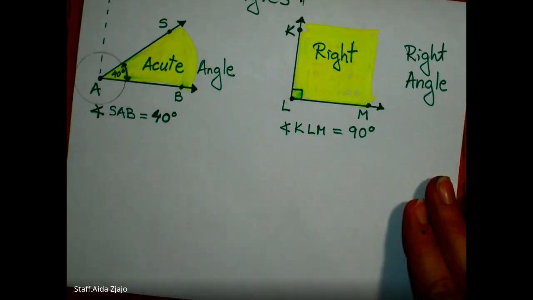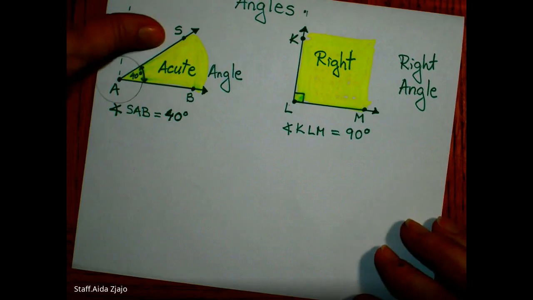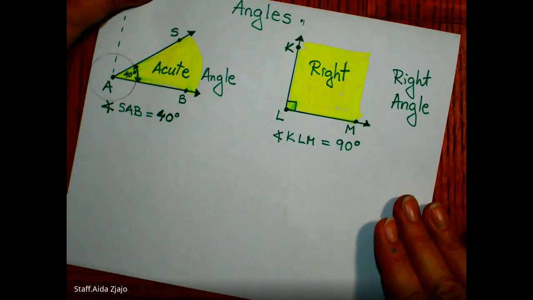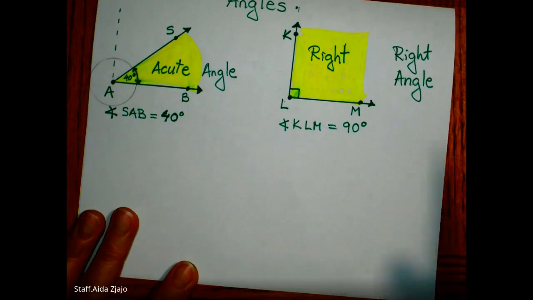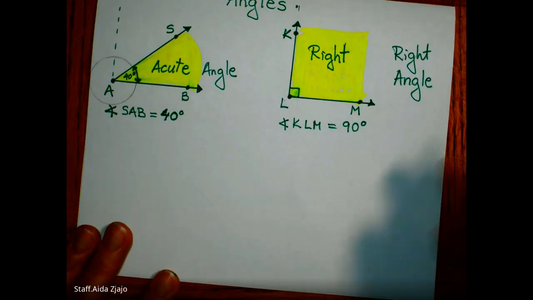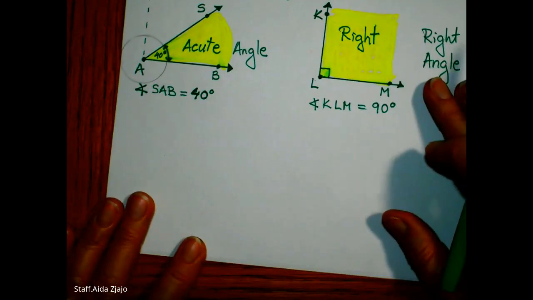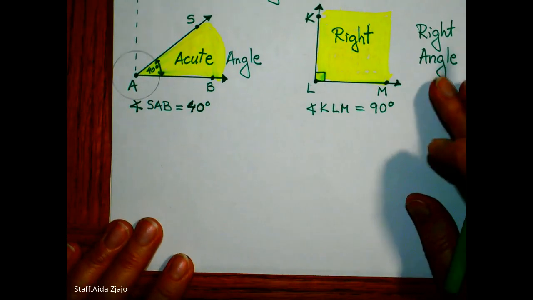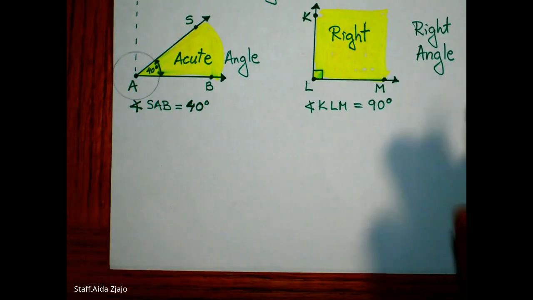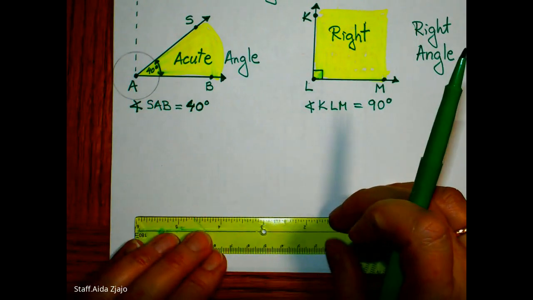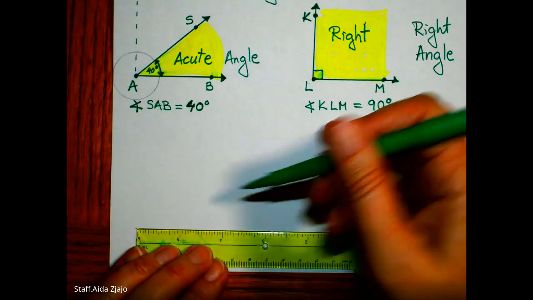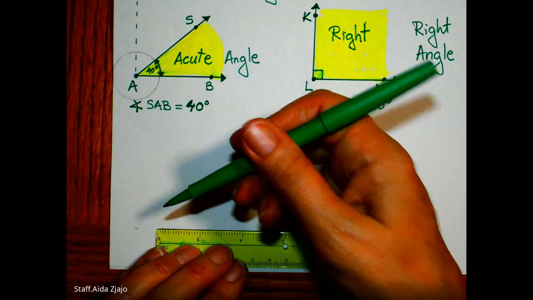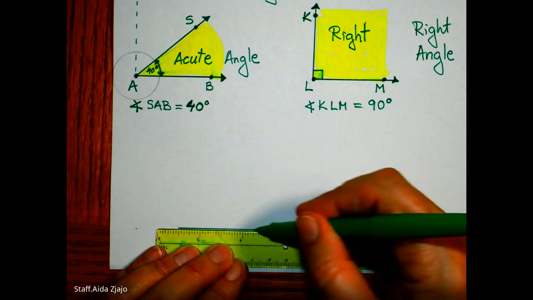an obtuse angle, which we're going to do right here. Okay. I'm going to make a line here, and we'll start somewhere right here.